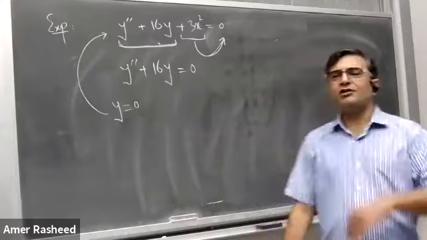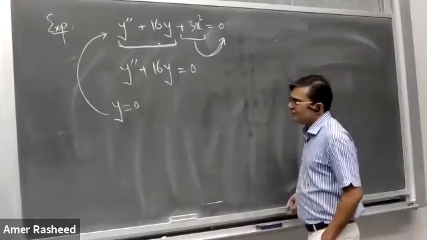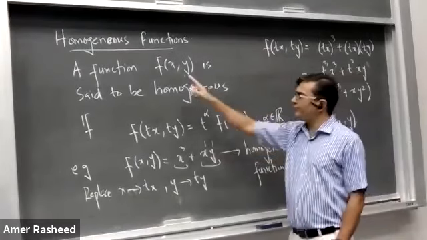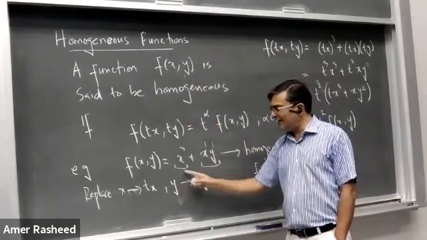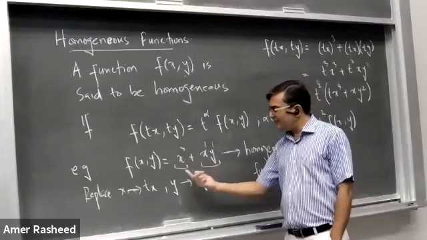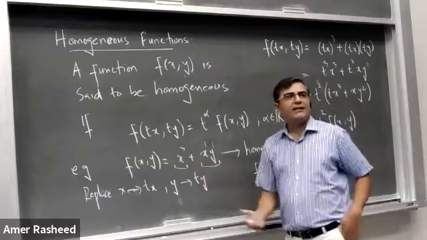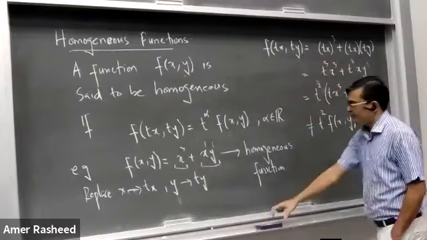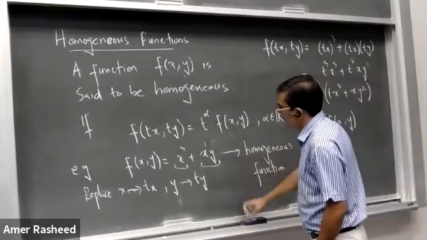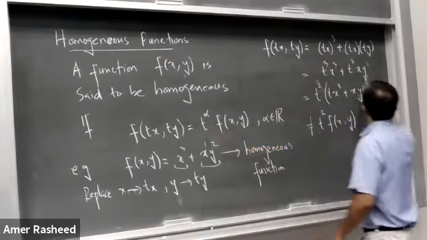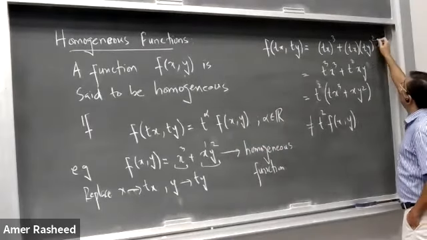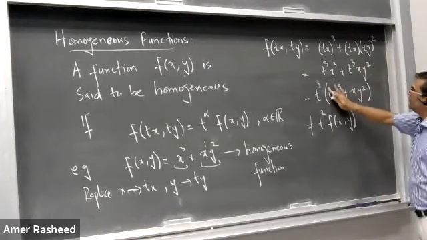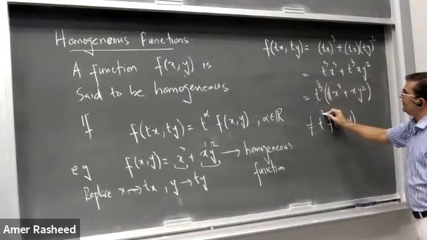Whereas homogeneous functions are different. In homogeneous functions, we look for the degree of variables in each term. If the degree in each term is the same, then the function is homogeneous. Previously, we had 2 here, 2 here, 2 here, 3 here, 3 here, 3 here.